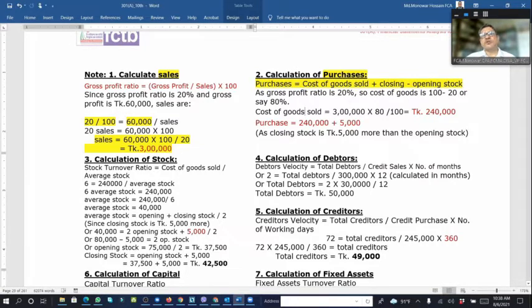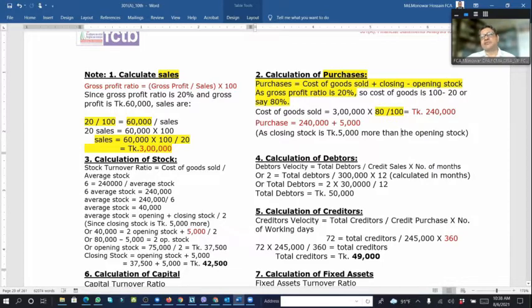As gross profit is 20%, as also noted in note 1, if gross profit is 20%, then cost of goods sold must be 80%.